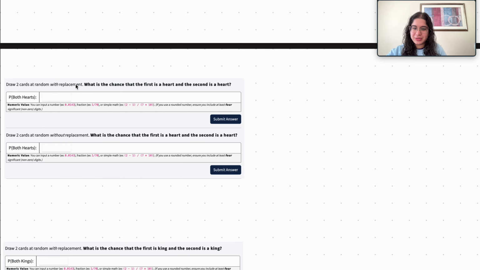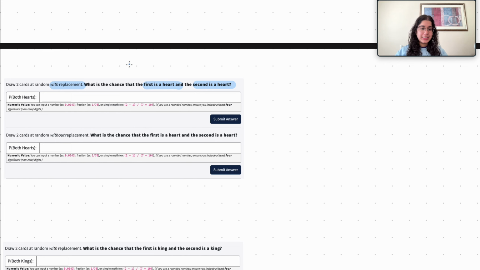The first question we have here is that we need to draw two cards at random with replacement. What is the chance that the first is a heart and the second is also a heart? The first thing to notice is that the question says with replacement. So when I pick the first card out of a deck of cards, I want to put it back right after I pick it.